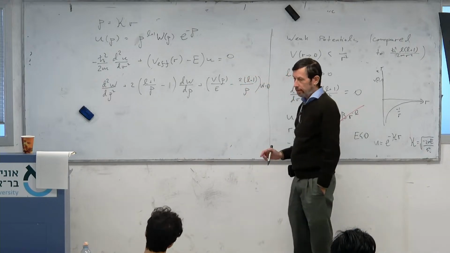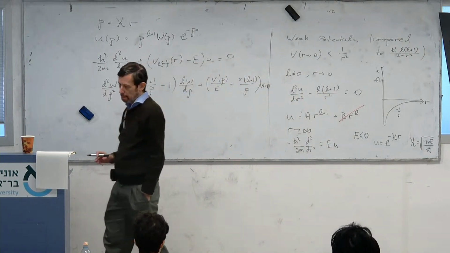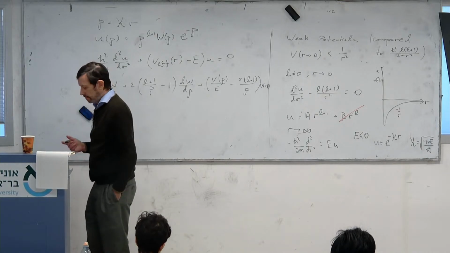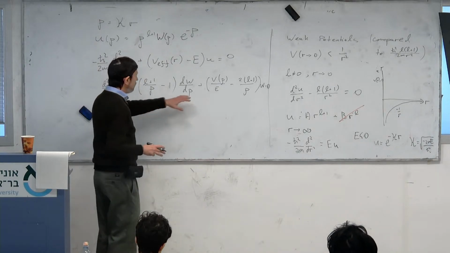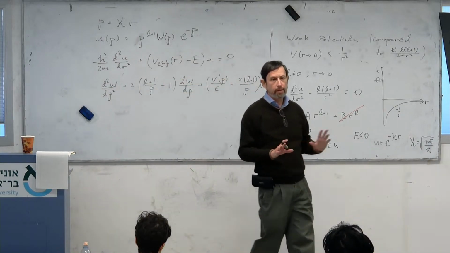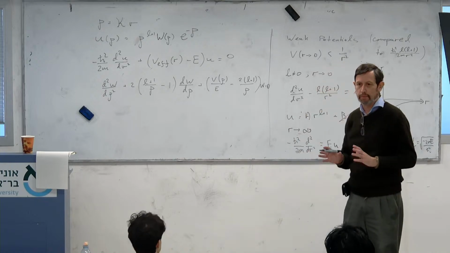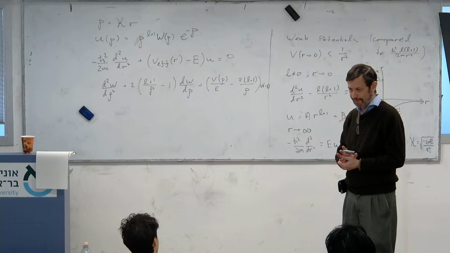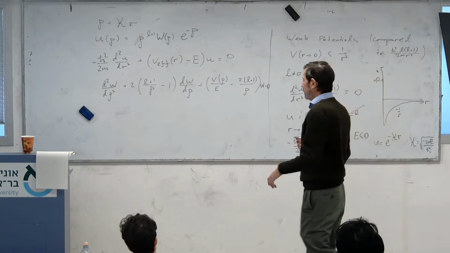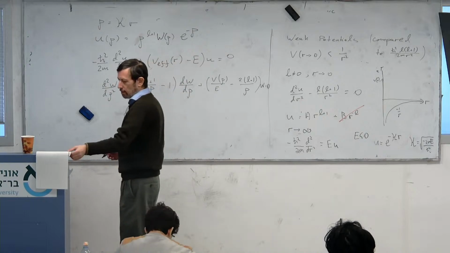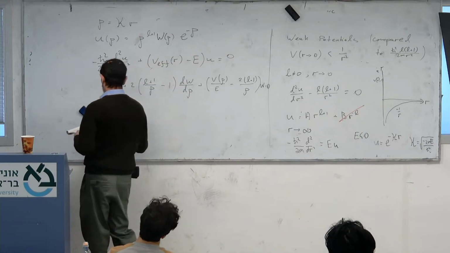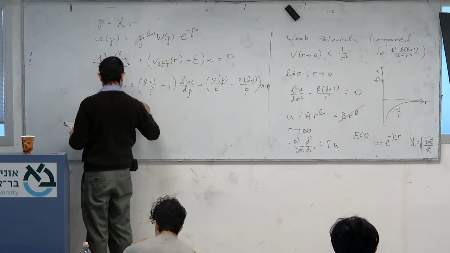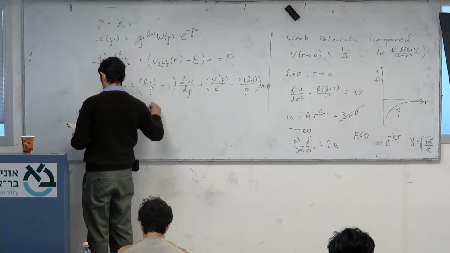Okay, so I have an equation on W. Now, until now, I wasn't explicit about what is the form of the potential, except that it's a weak potential. Okay, now let's write down the Coulomb potential.